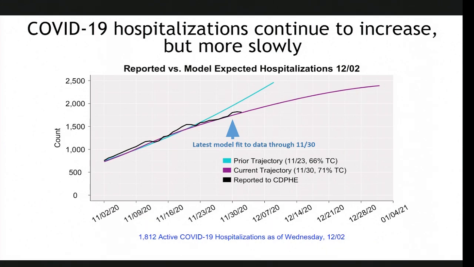Now, there's good news here in that the magenta curve is well below the teal curve. What this indicates is that our transmission control has improved. The R value, the effective reproductive number, has dropped, and the black line shows the actual data, which has been now tracking along this bottom curve, which has a more gentle rise.